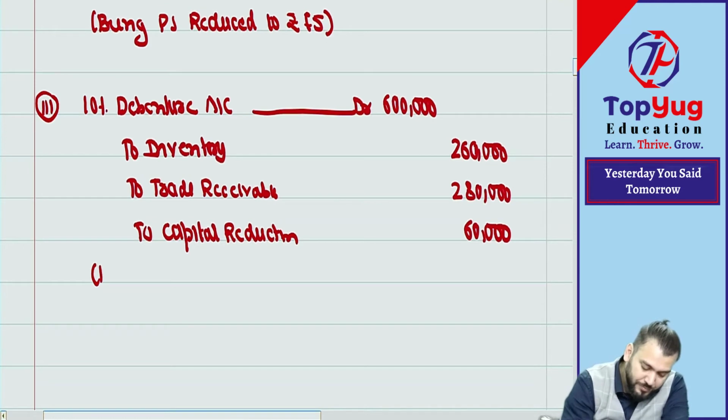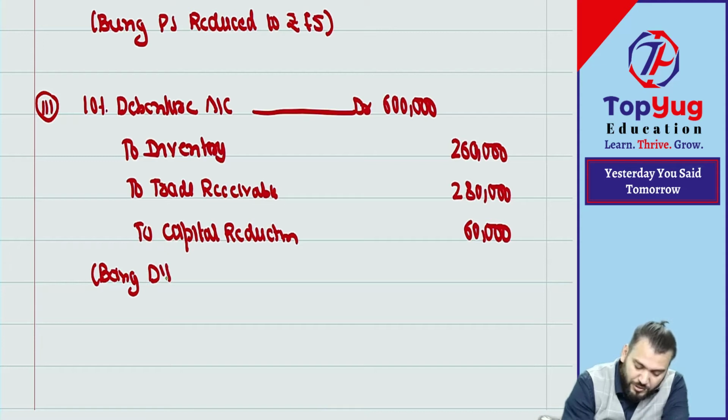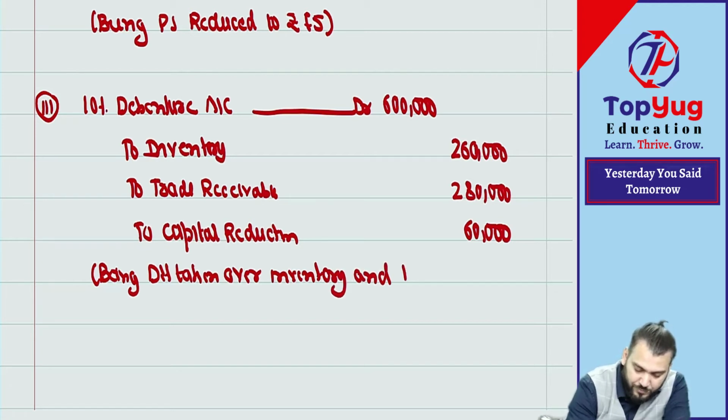Being debenture holders took over inventory and trade receivable.